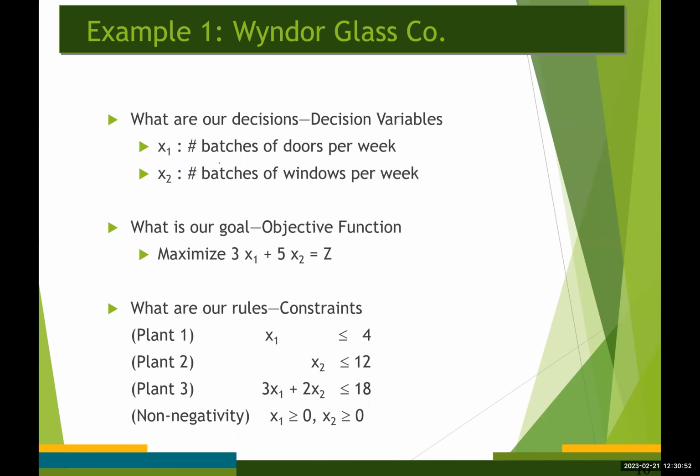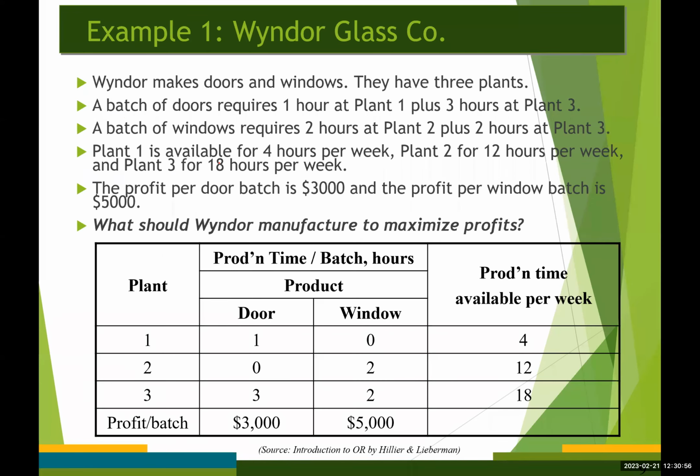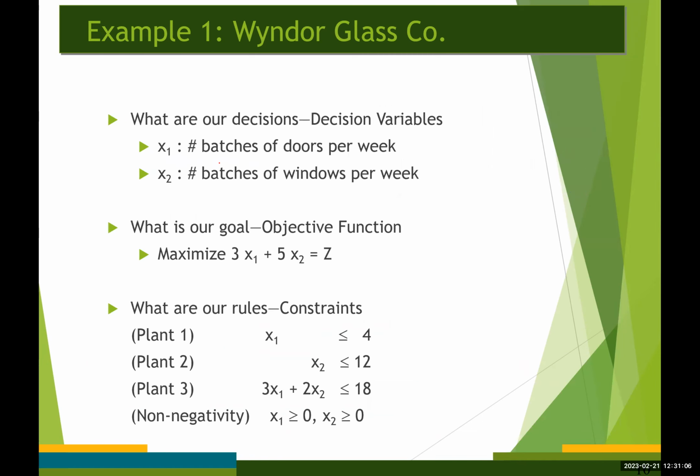Because we have to decide how many door glasses and windows should be produced each week, two decision variables, X1 and X2, have been defined like this. X1 stands for the number of batches of product one, which is glass doors, produced per week.